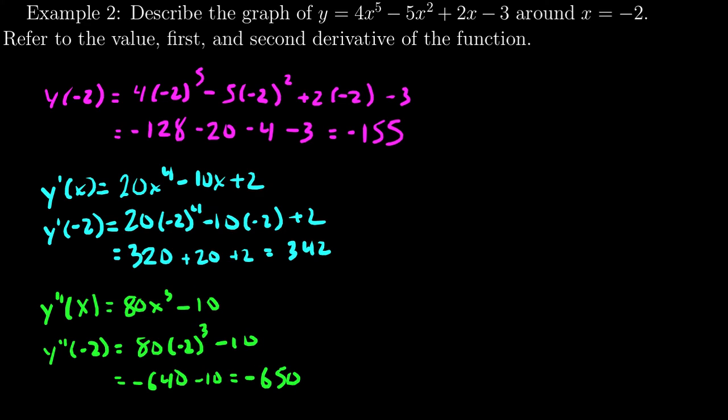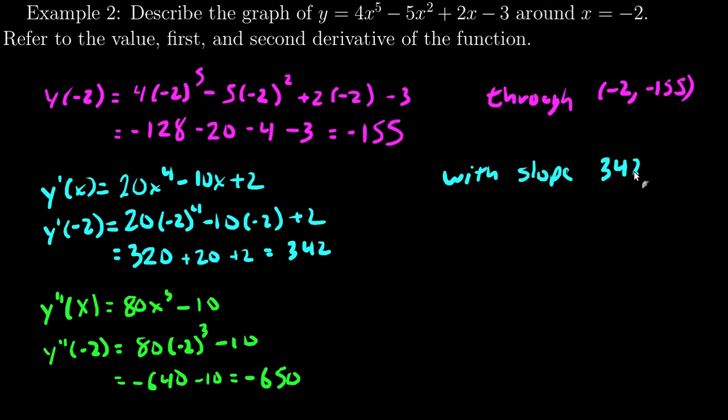Now what does this tell us? Okay, this means that we go through the point negative 2, negative 155. The derivative tells me that we have instantaneous slope of 342. Now, for the AP, they love these two words, increasing, decreasing. They're going to want you to say that if you have this type of problem.